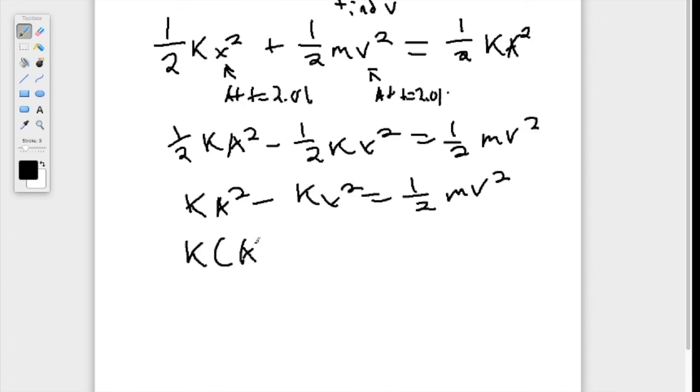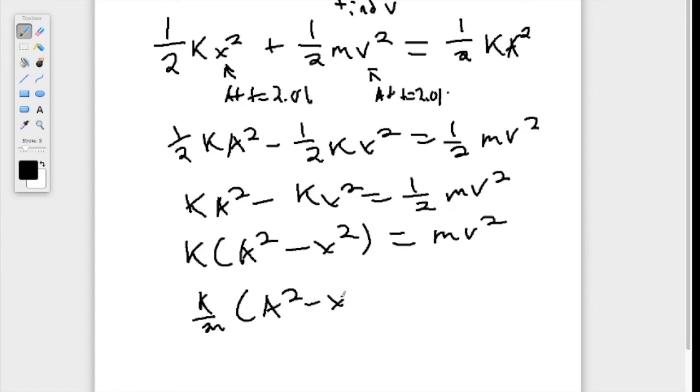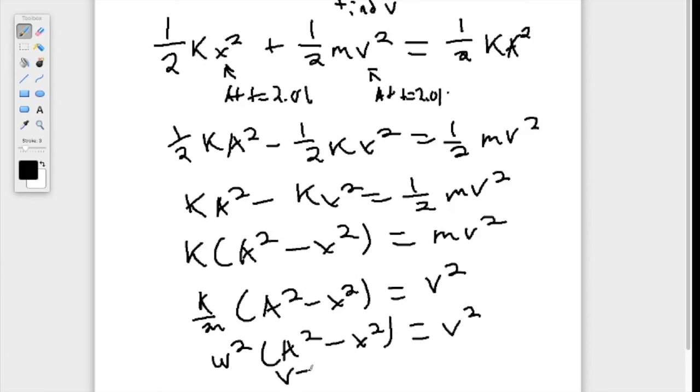Factor out the k: a squared minus x squared equals m v squared. Divide by m. K over m times a squared minus x squared equals v squared. And k over m is the same thing as omega squared. And then v just equals omega times the square root of a squared minus x squared.